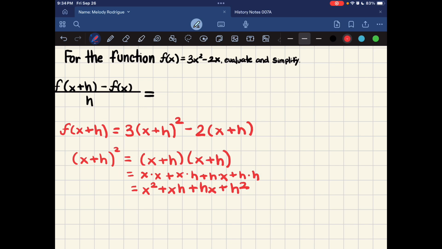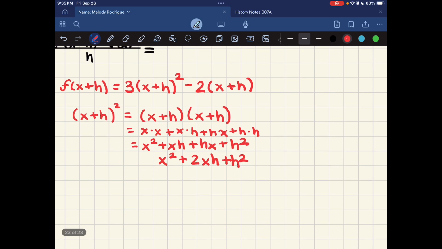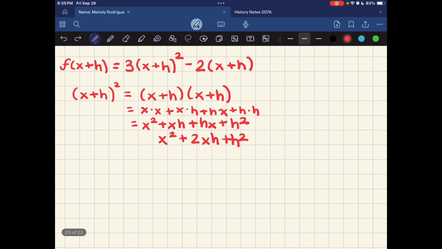So since xh and hx are the same, it becomes just x squared plus 2xh plus h squared. And this is just for now. Okay, now we're just going to input this into the 3x.